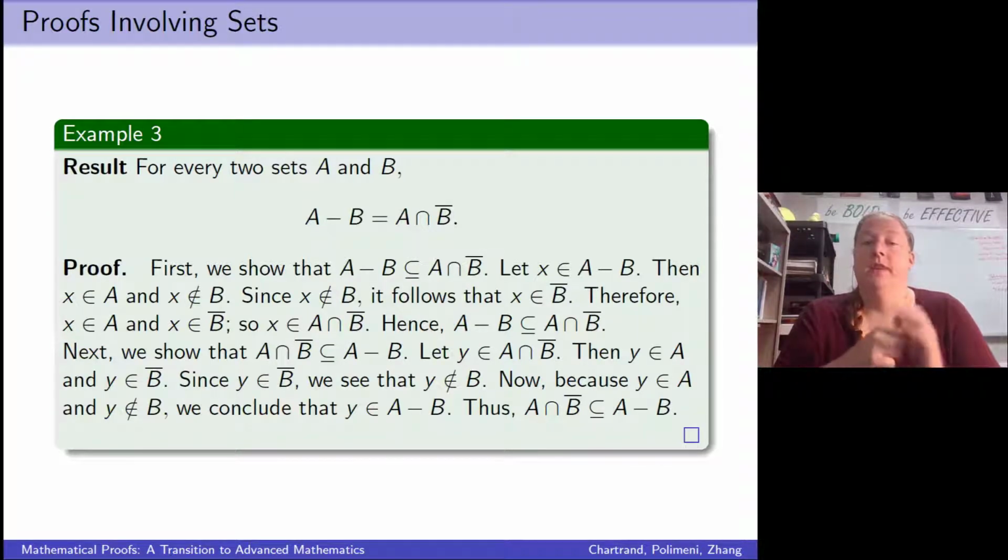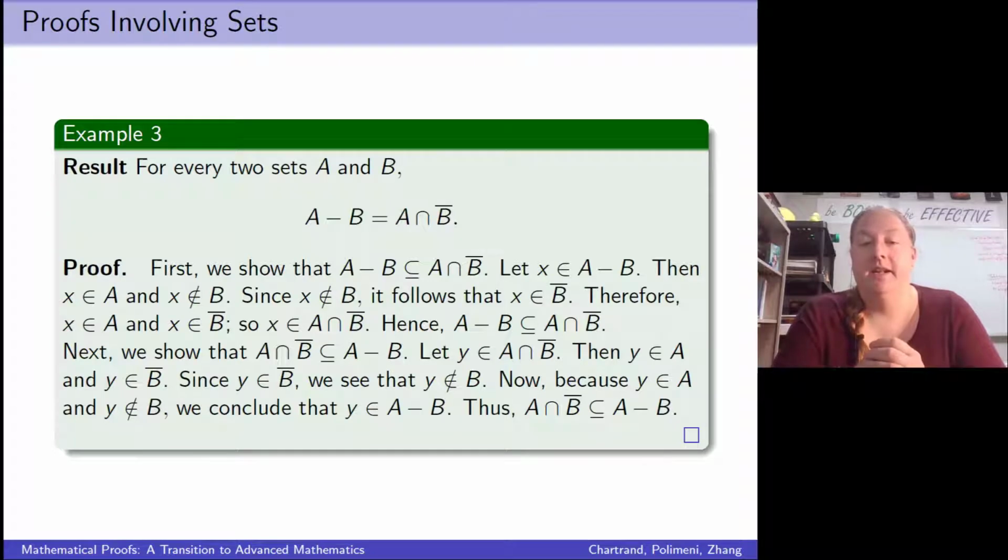We're going to show that A minus B is a subset of A intersect the complement of B, and then we'll show that A intersect the complement of B is a subset of A minus B. And once we've shown that they're both subsets of each other, then there's no option left but that they are equal, and we will have shown the result.